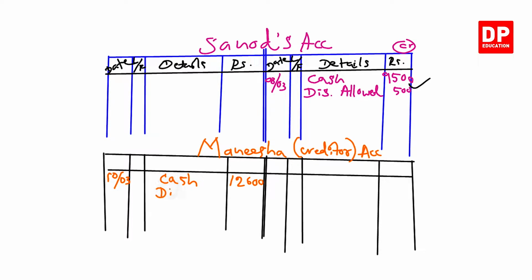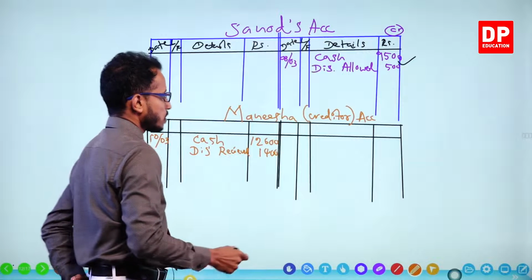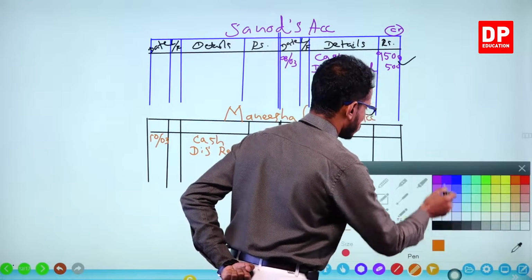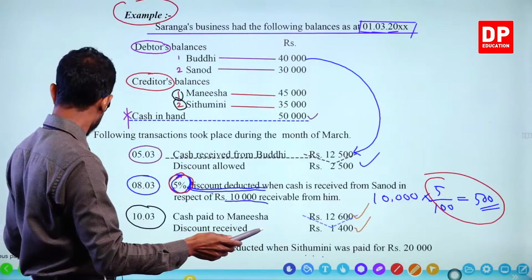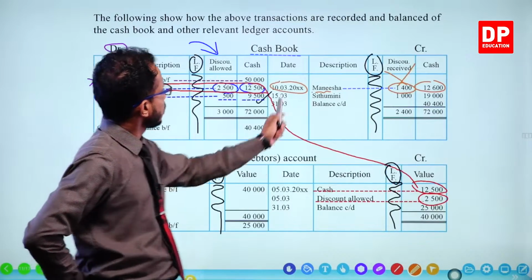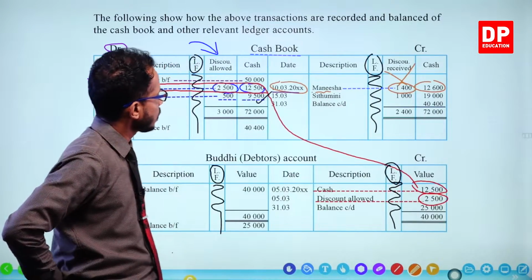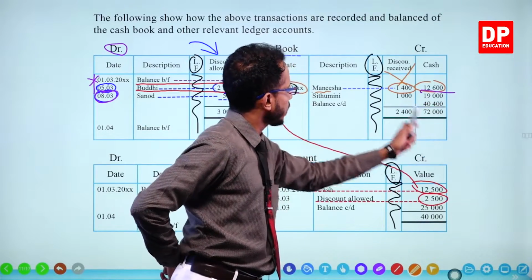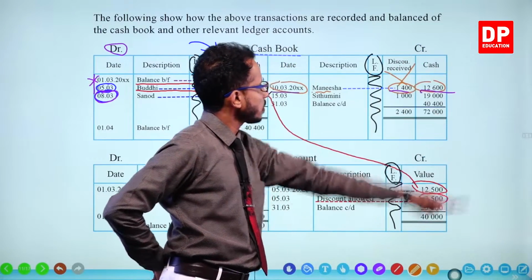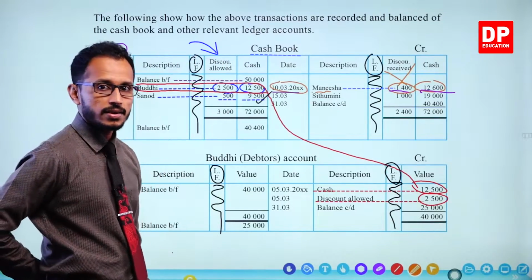Discount received 1,400. Check whether that's correct. Let's check. Tenth. Cash 12,600. Discount received 1,400. Okay.